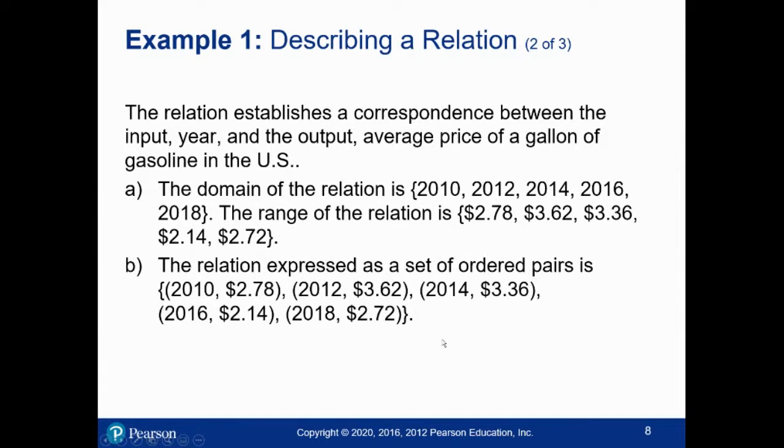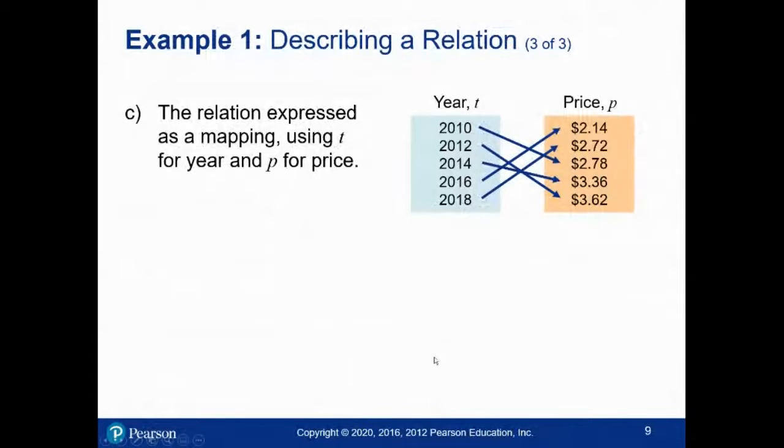If we want to write them as ordered pairs, since the average price in 2010 was 2.78, we would write it as an ordered pair (2010, 2.78), excuse me, and so forth. This pair here, for example, tells me in 2018, the domain element 2018, the corresponding range element is 2.72. In other words, in the year 2018, the average price of gas was $2.72 a gallon.